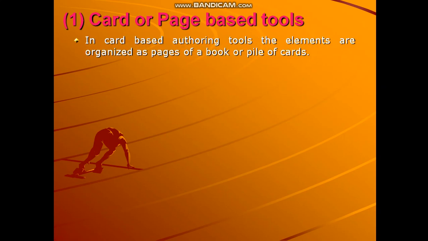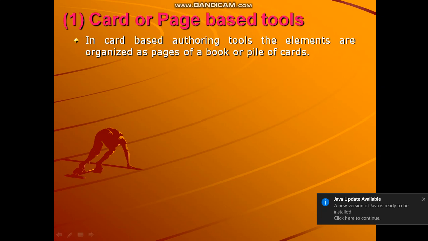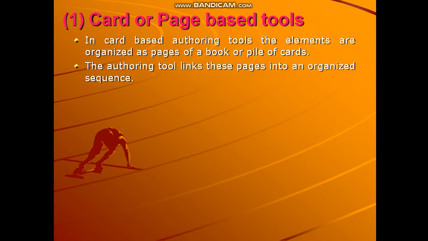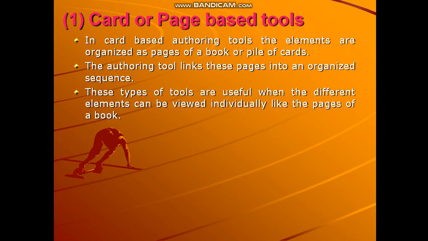In card or page based tool, the elements are organized as pages of a book or a pile of cards. The authoring tool links these pages into an organized sequence. These types of tools are useful when the different elements can be viewed individually, like the pages of a book, so we can watch it one by one.